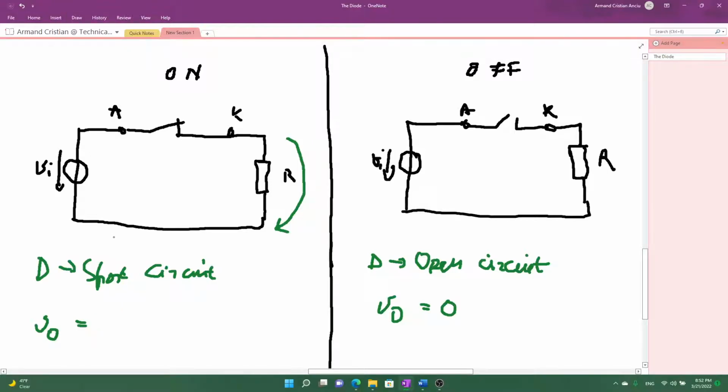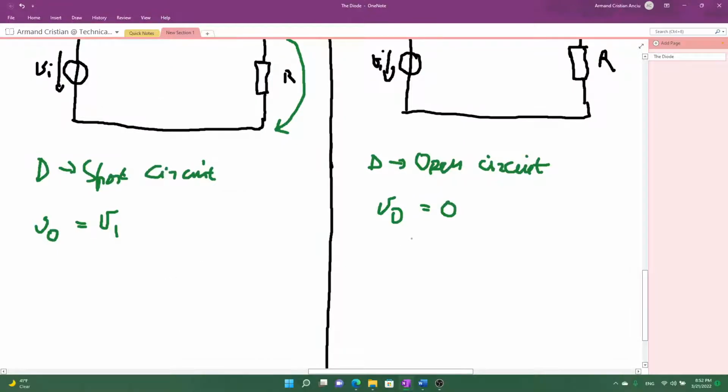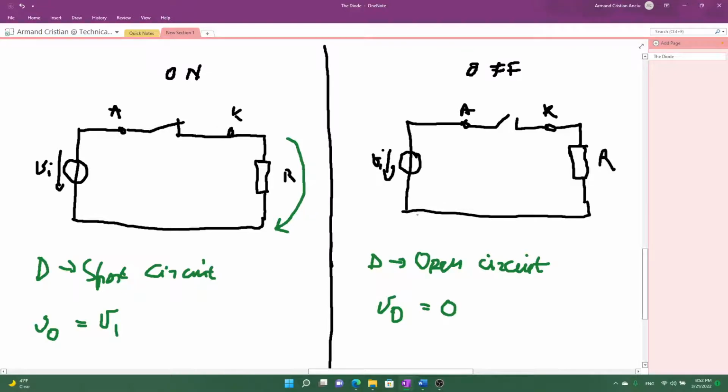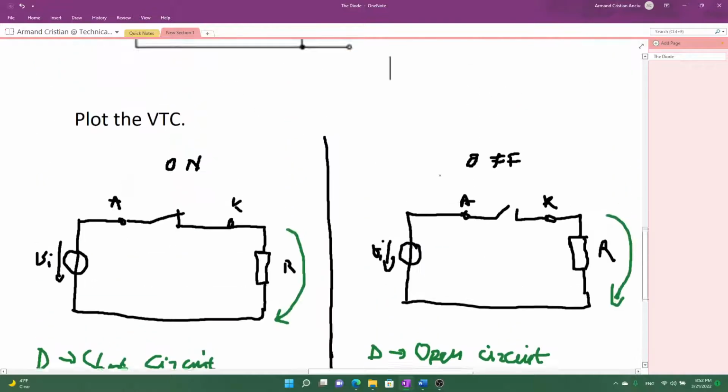It is Vi. It is equal to the input. So this is what happens to the output voltage in the two states of the diode. Here we don't have an output voltage because the diode behaves like an open circuit.